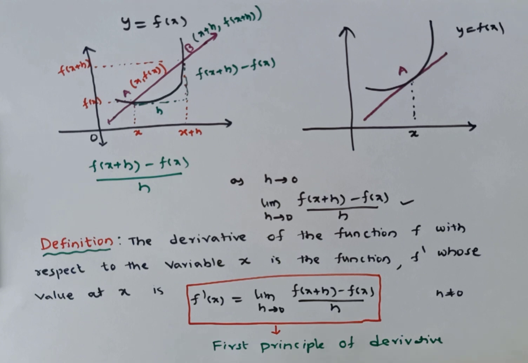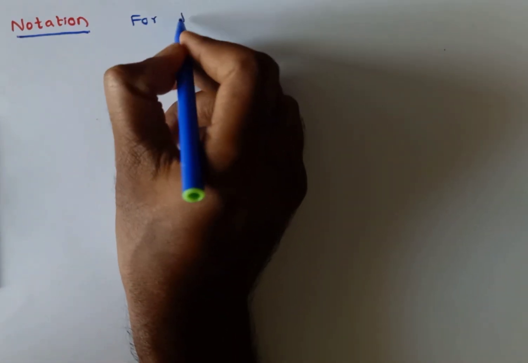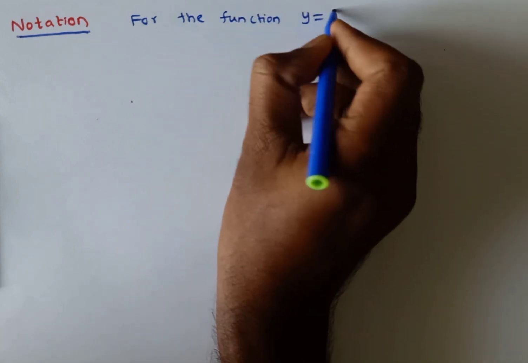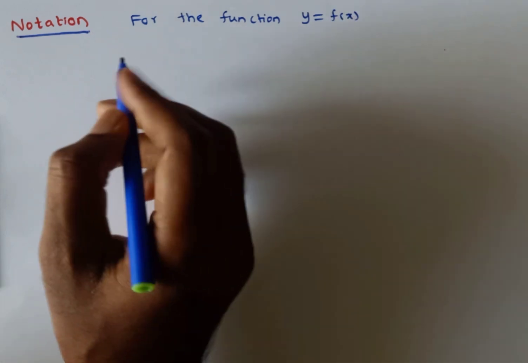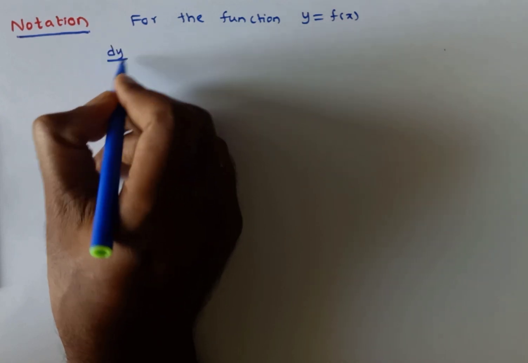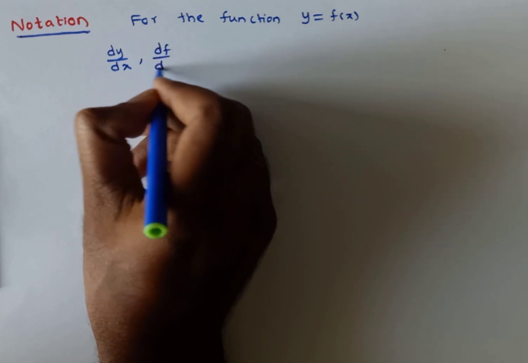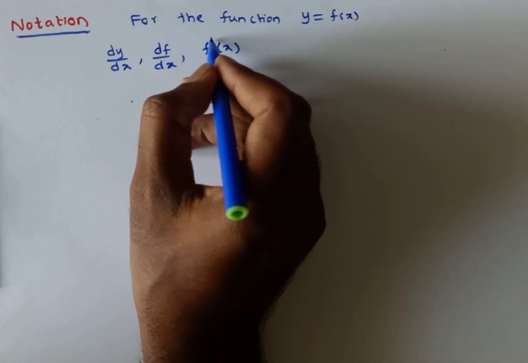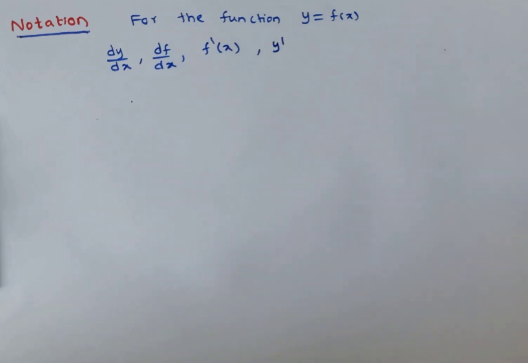So let us see the notations for the derivative of y equal to f of x. For the function y equals f of x, if f is differentiable at any point x, then the notation for this is dy by dx, or df by dx, or f dash of x, or f prime of x.